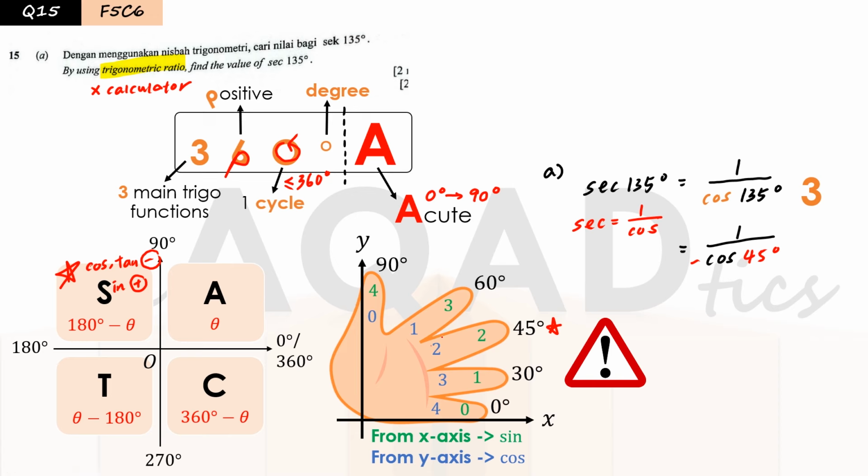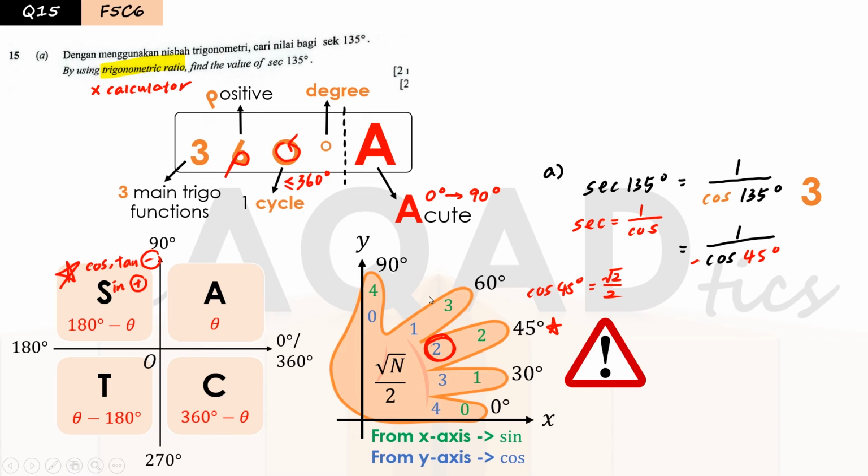Okay, so we will be selecting the value 2 here, and what to do with the value 2 is we are going to put it into this value here. Okay, so means cos 45 degrees would be square root 2 over 2. Right? Because we put the 2 inside of the square root here, so it's square root 2 over 2. Okay, so this would be our answer.